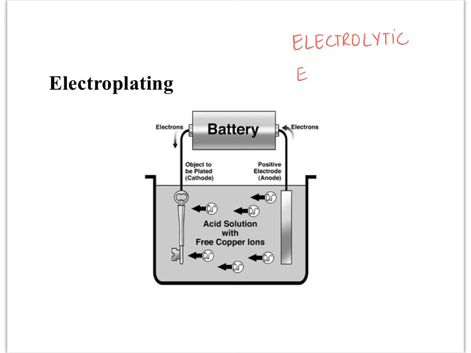Have you ever heard of the word electrolysis as a procedure? Electrolysis is a cosmetic procedure where hair follicles are basically destroyed for cosmetic purposes through the use of an electric current. So a tiny electrical current is applied to a hair follicle one at a time. It basically zaps the hair follicle and prevents hair from growing back.